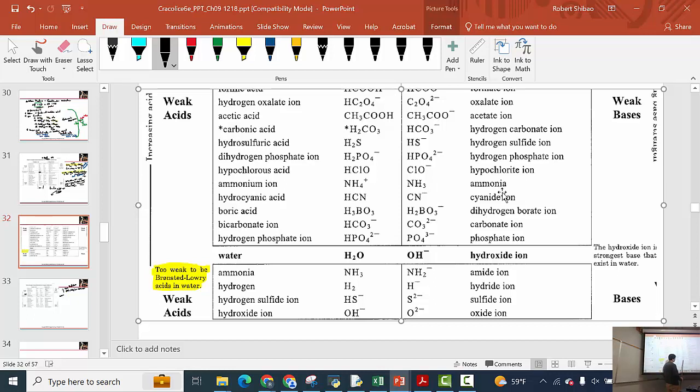And the top bases here are actually so strong that they don't exist in water.